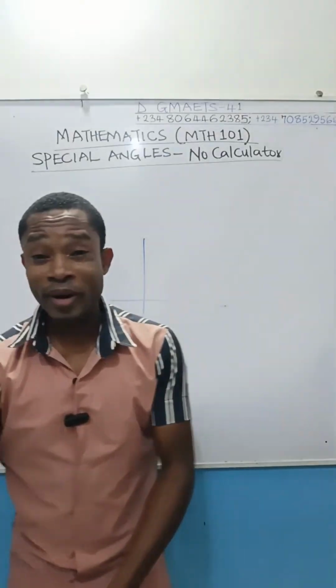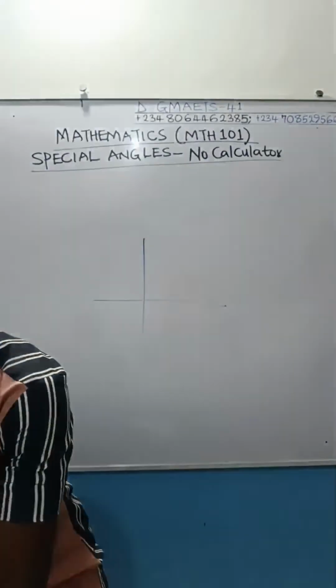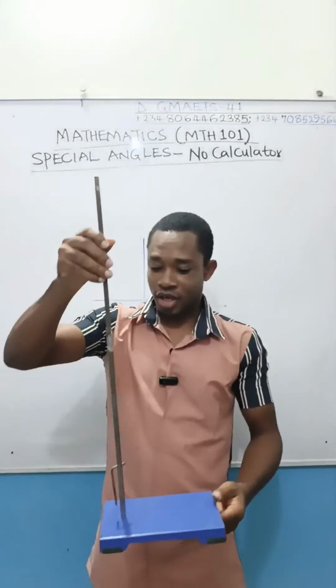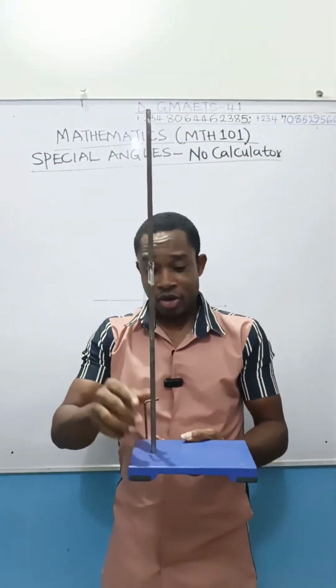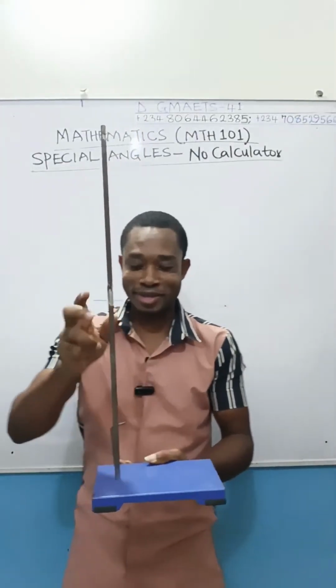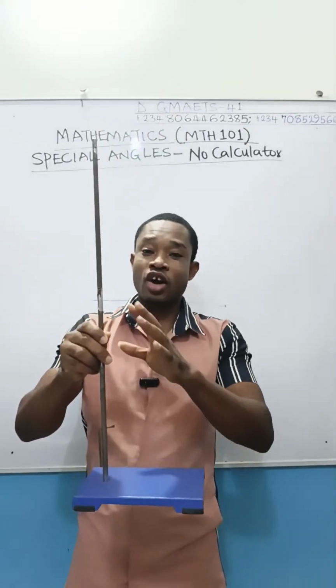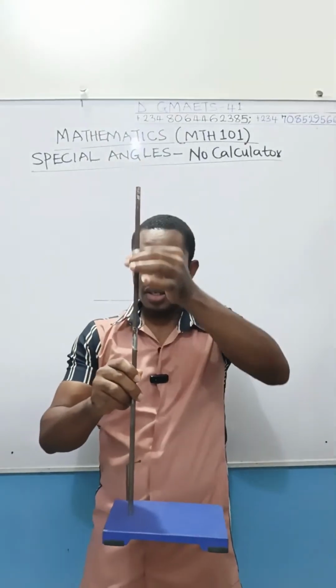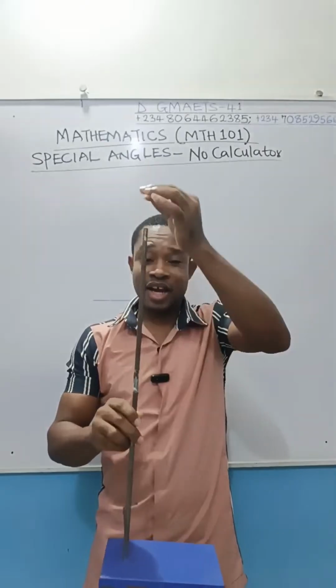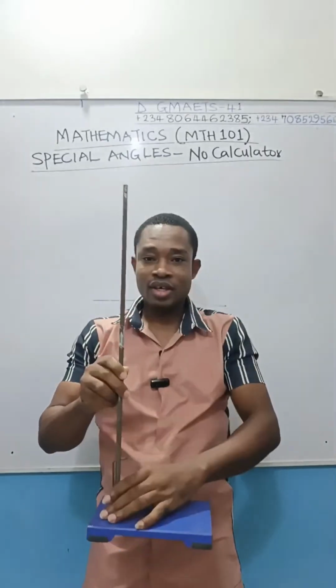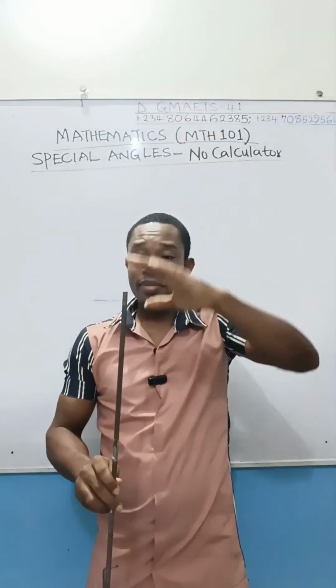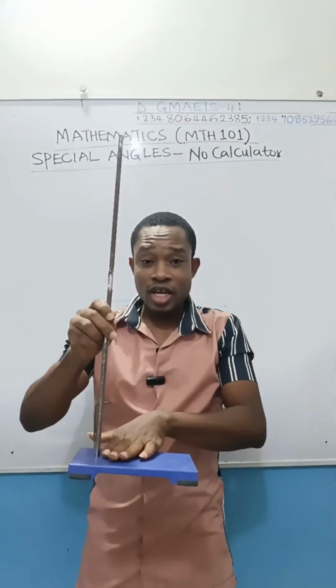We call it the plane. My record stand just came to my mind, and I said I'm going to use it as a teaching aid so you understand quickly the concept of a plane. This rod is standing as a vertical axis. It can be your north, your y-axis. Then you see the plate here.